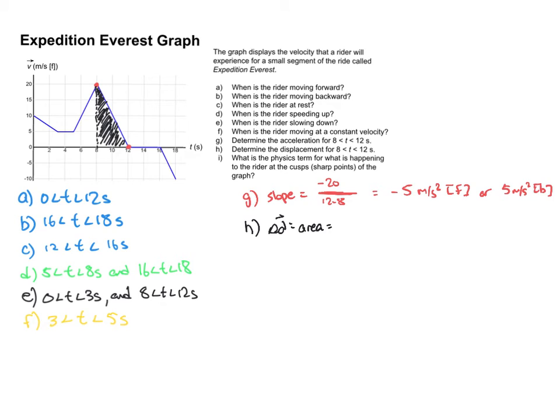So that's a shape I'm familiar with. It's a triangle. So the area of a triangle is base times height divided by 2. The base of that triangle, it goes from 8 to 12, so the base is 4.